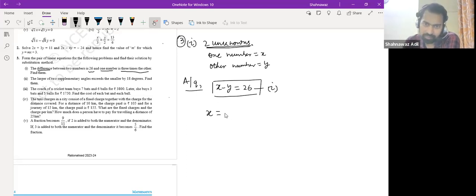So x is 3y. This is the second equation, and we don't need to write the substitution part. No need to calculate the value of one variable because it's already there. So let us put this value in the first.